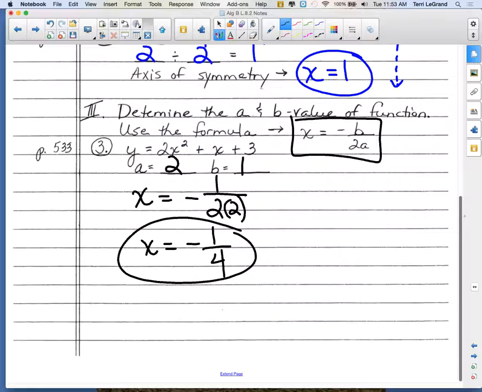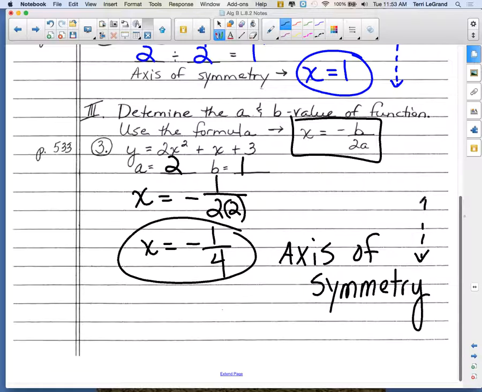Okay, so let's put this behind it because I didn't put it anywhere in your notes. We found the axis of symmetry: x equals negative 1/4. Again, it's a vertical line that's cutting through the vertex, dividing that parabola into 2 symmetric halves.